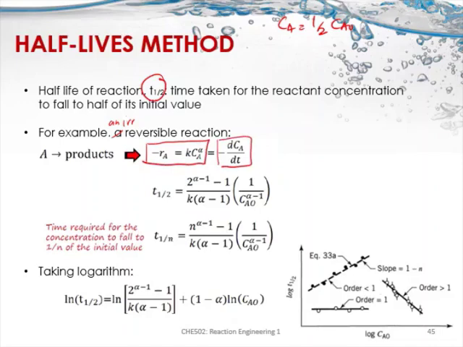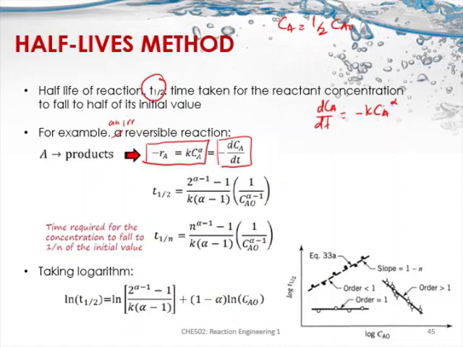By now you should know this relationship, that is the combination of the rate law and the mole balance. When you combine them, you have dCa over dt equal to negative k Ca to the alpha.